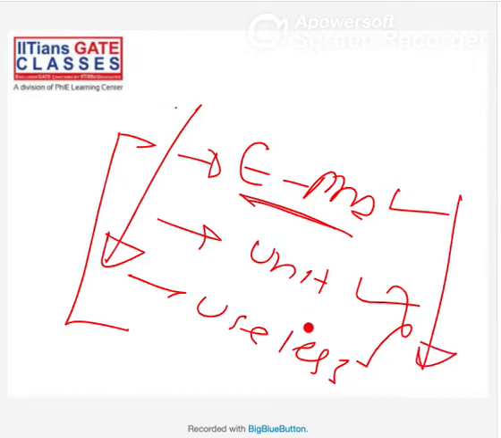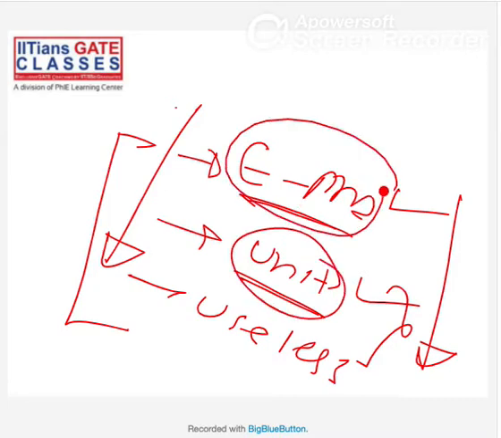Let's assume you change the order. First you apply the unit production removal algorithm. Then if you remove null production, you will again have to do the unit production removal. That is the problem. Because once you do this, then some unit productions will occur. So you will again have to do this. So it will be double work.